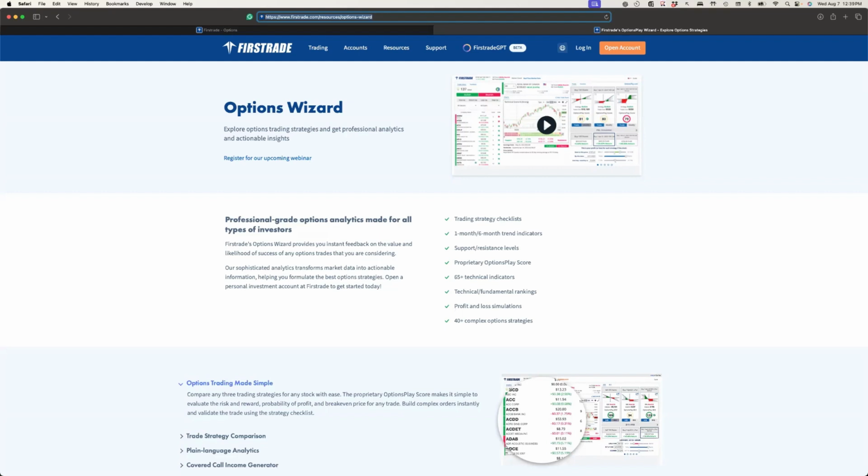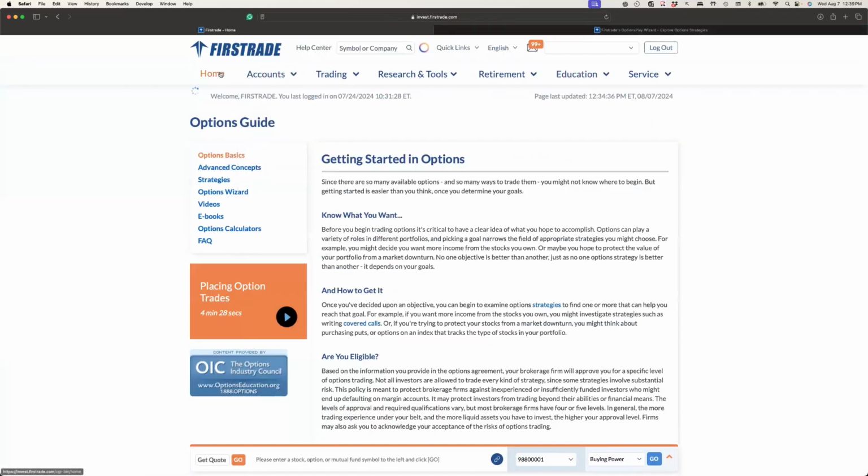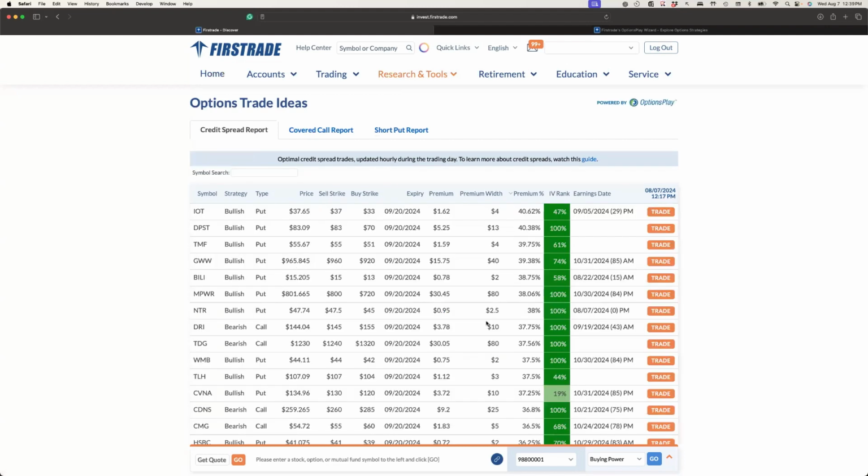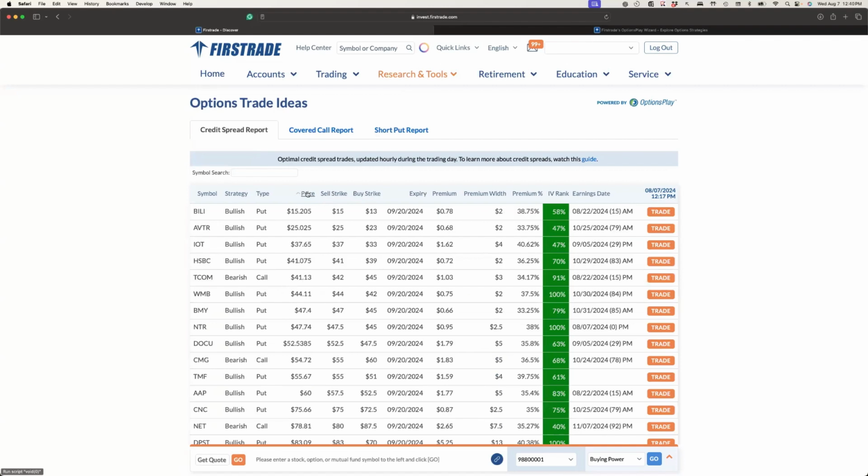Is there a list of stocks that are easier to start exercising options with, since having 100 shares could be expensive? Great question. Eugene's asking, how can I find stocks that are less expensive? When you use the Options Play Wizard, or if you look at our options trade ideas, you can sort them based on the strike price or even the price of the stock.